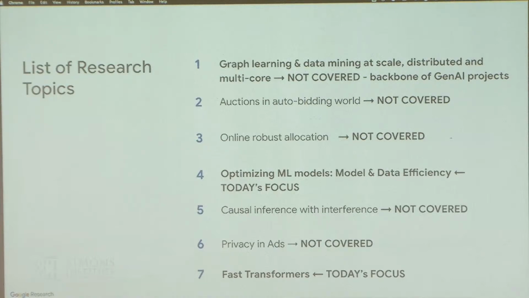The list of research topics is large, but what I'm going to tell you about is how we have moved in the past 2 years from large-scale algorithmic tools that we have built to optimizing first ML models and now more and more LLMs.